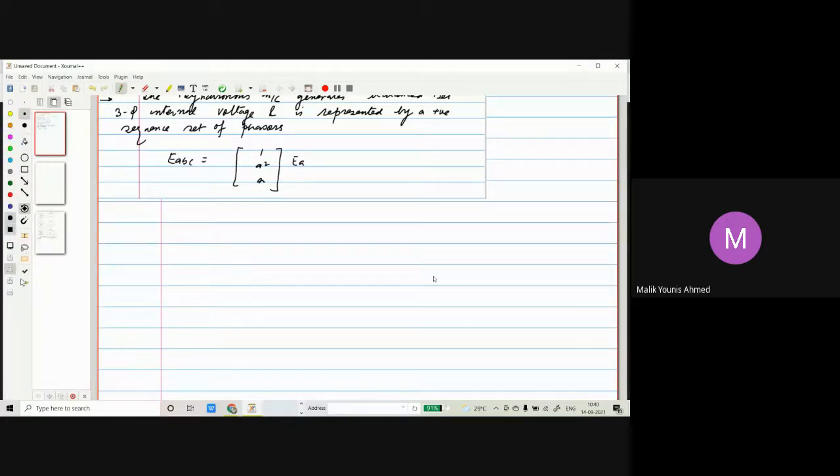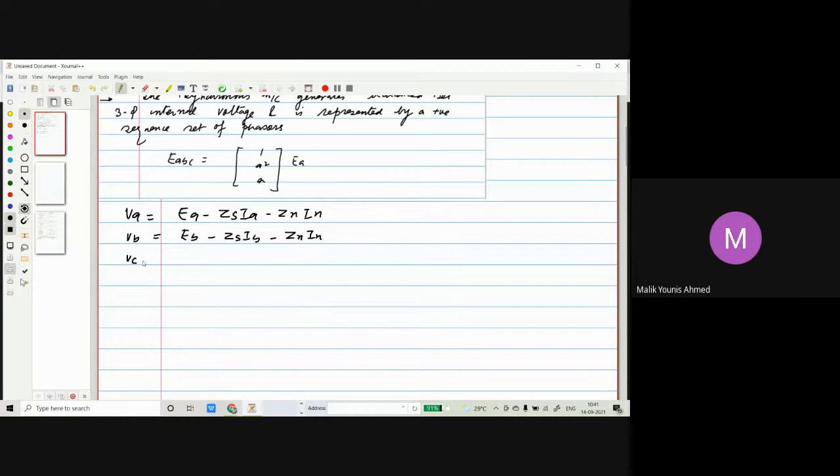Applying KVL, we have VA is EA minus ZS IA, already I have done it yesterday, minus ZN IN. Similarly, we have to write for VB. VB will be EB minus ZS IB minus ZN IN.